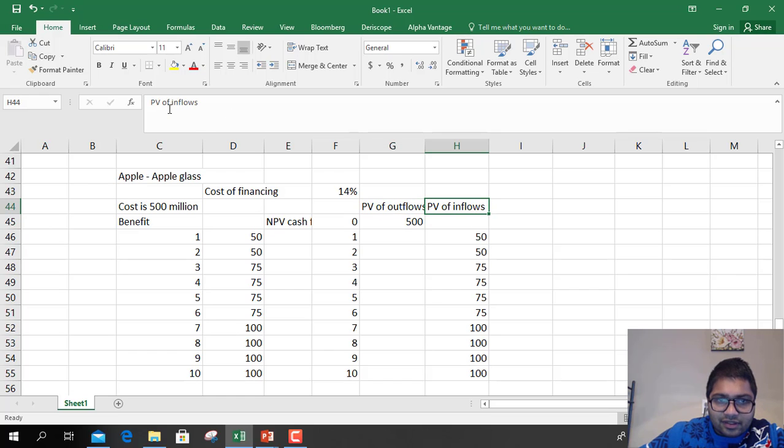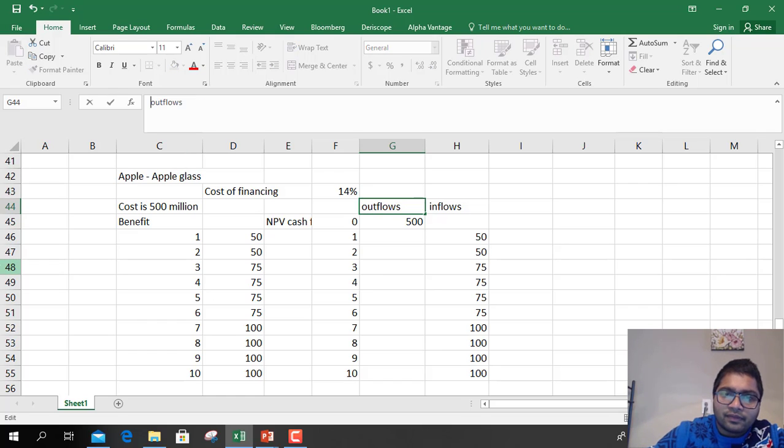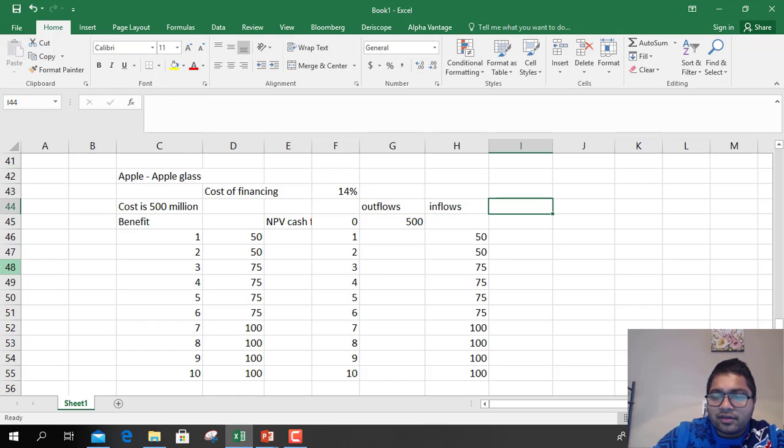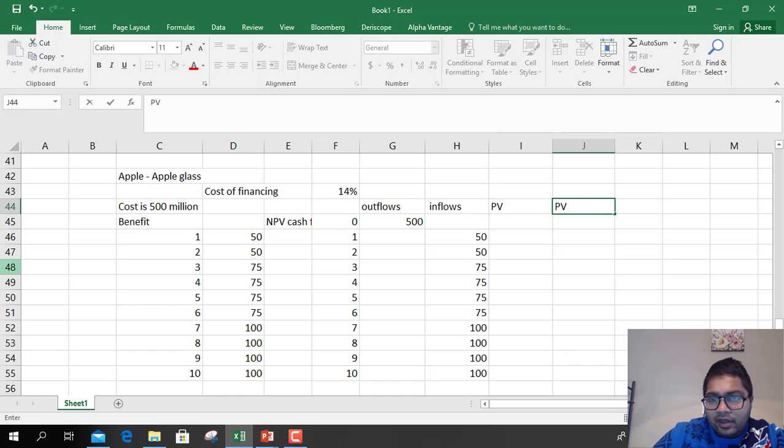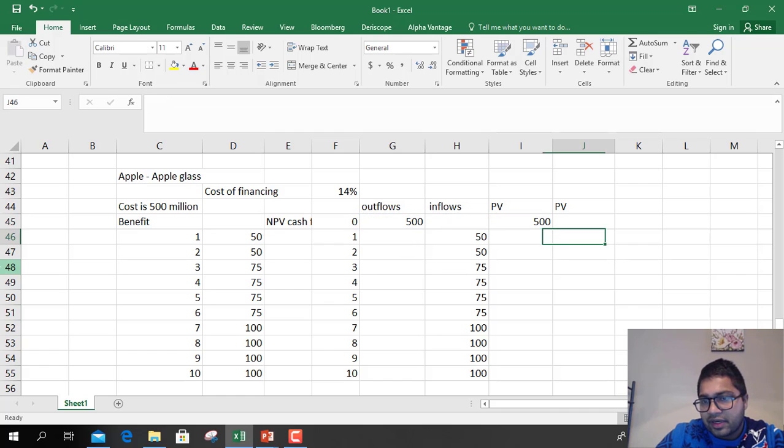Sorry, this is inflow, and this is cash outflow. We need to calculate present values, so PV and PV. The PV of outflows is happening at time 0, so it is 500.